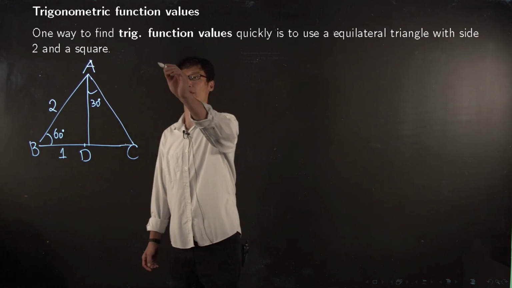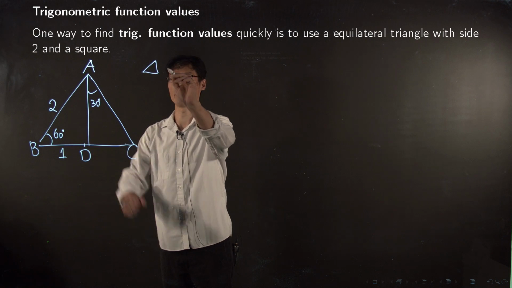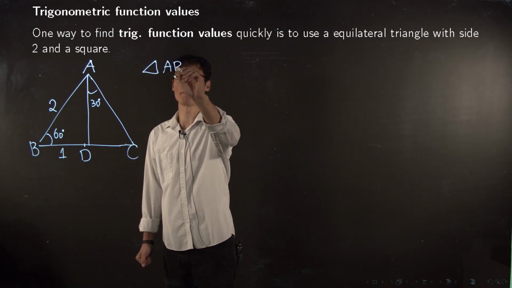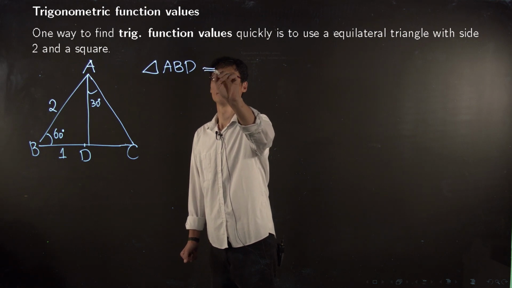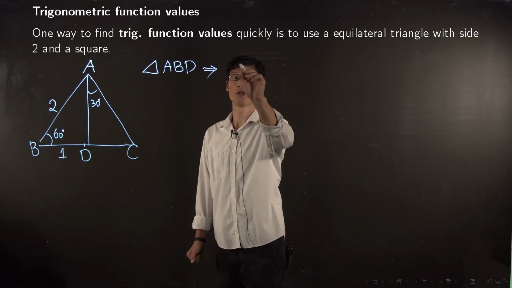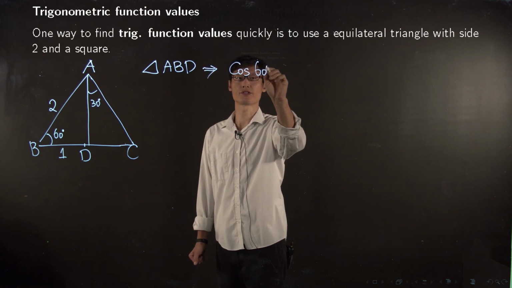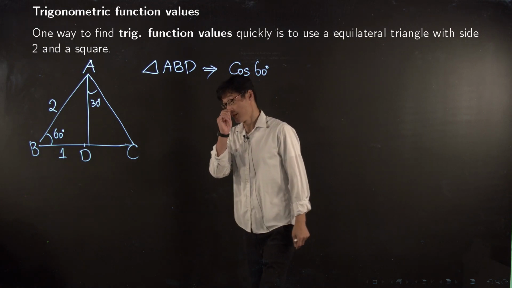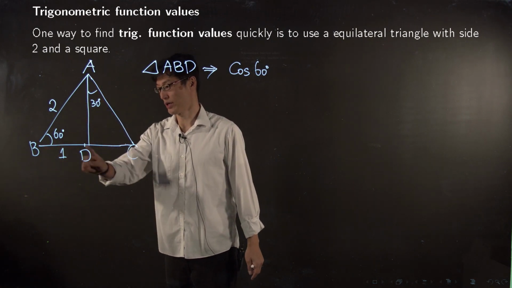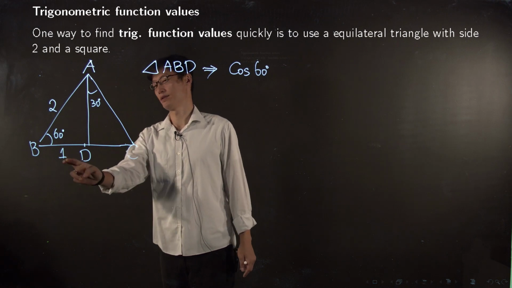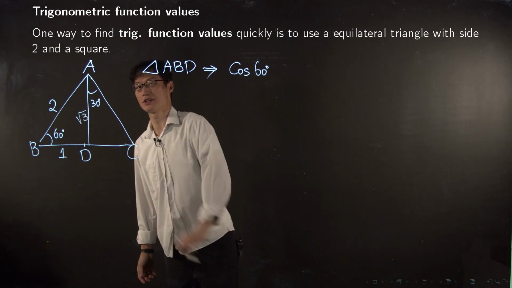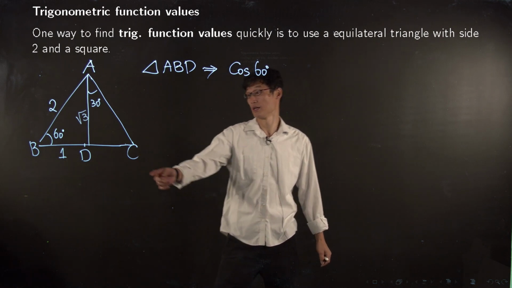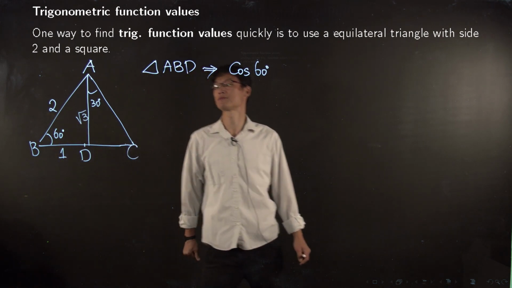So look at the left side triangle, ABD. You can calculate cosine 60. If you look at this triangle ABD, we have 1, 2, and the Pythagorean theorem tells you this line segment is square root 3. It's like 1, 2, 3.